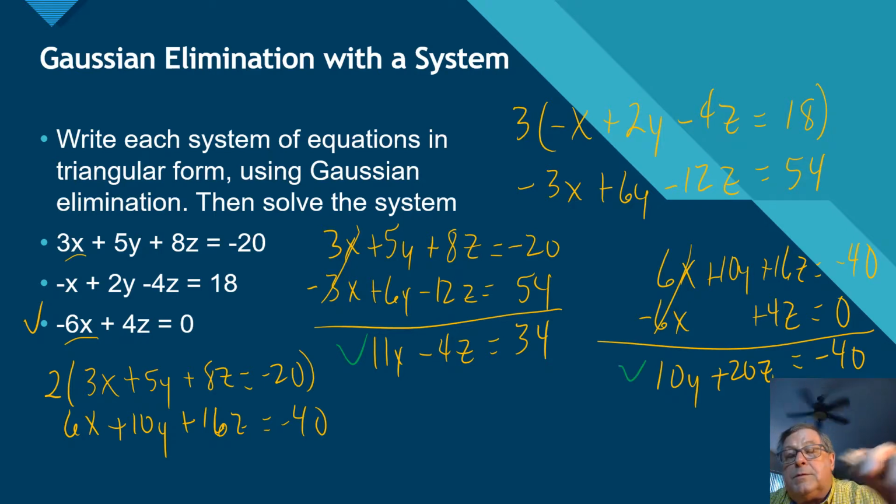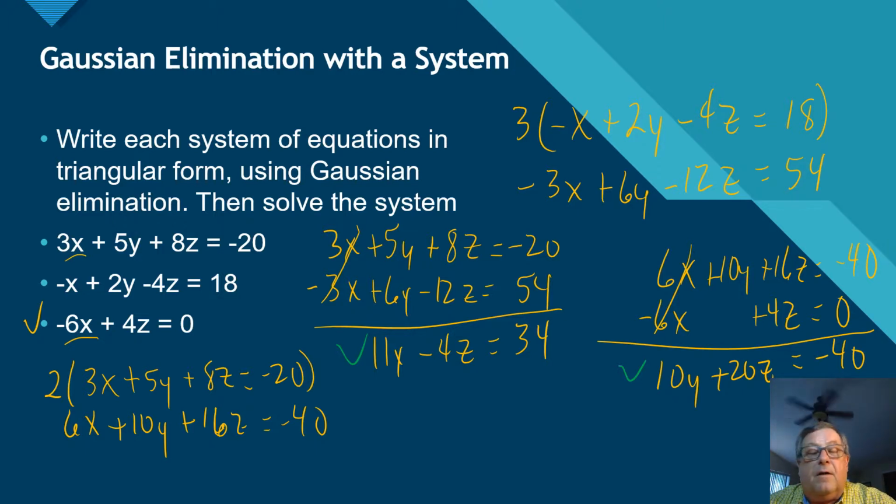Now we're going to eliminate the y variable and solve for z. Once we get a value for z, we're going to substitute it back into one of these two equations and solve for y.